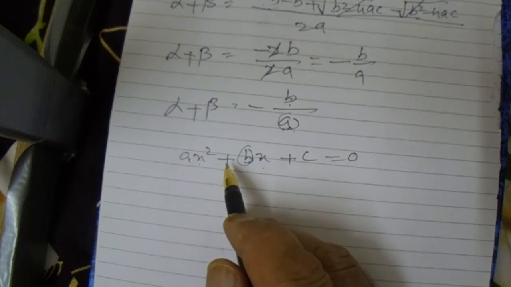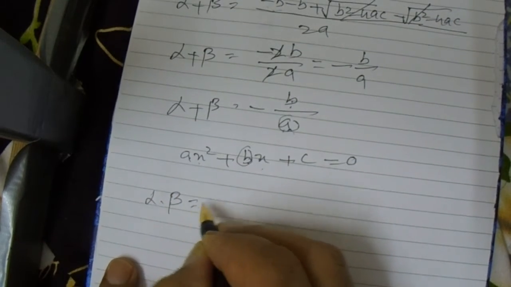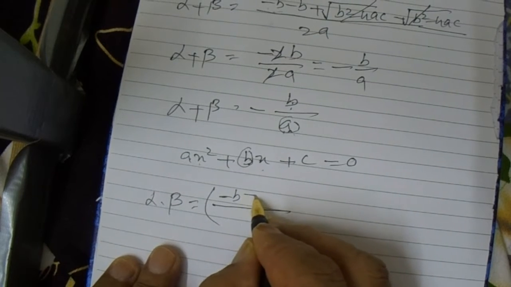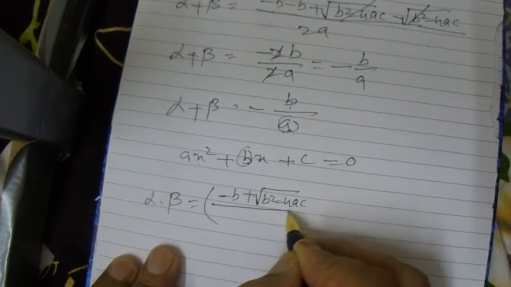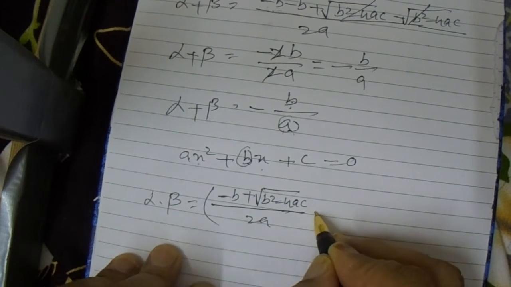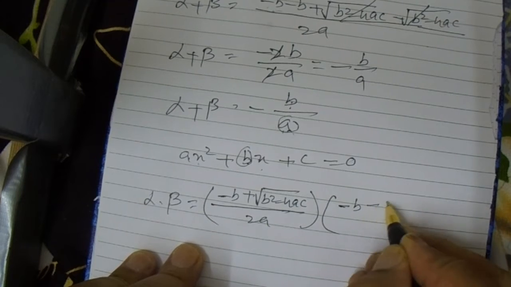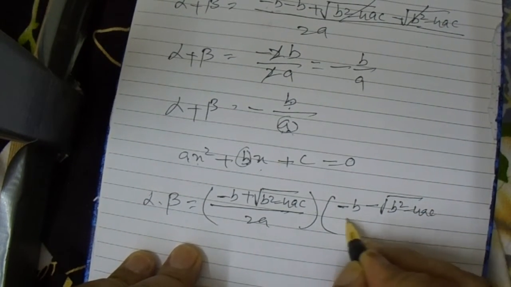Now we find the product of the roots. Now alpha into beta is equal to minus b plus under root b square minus 4ac over 2a, and multiply again minus b minus under root b square minus 4ac over 2a.